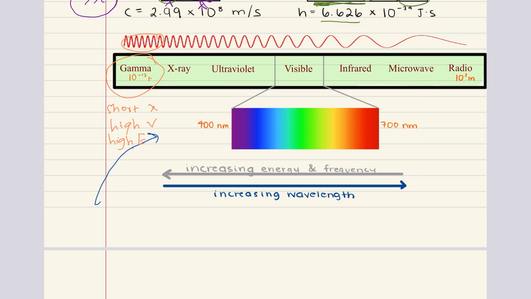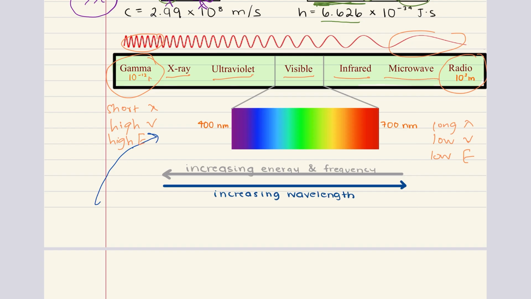At the other end, you have radio waves, which have long wavelengths, low frequencies, and low energy. In between, you'll find other familiar types of radiation. We have X-ray, ultraviolet, visible, infrared, and microwave.